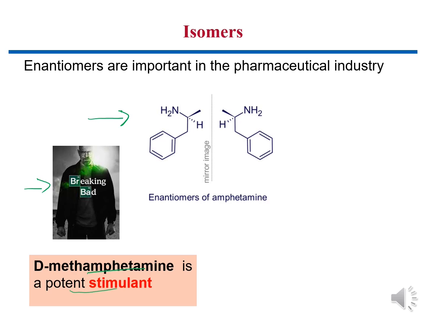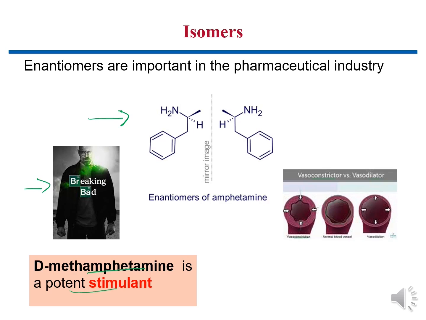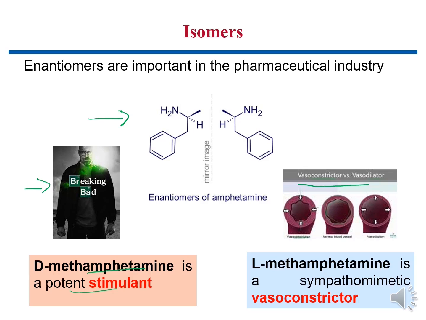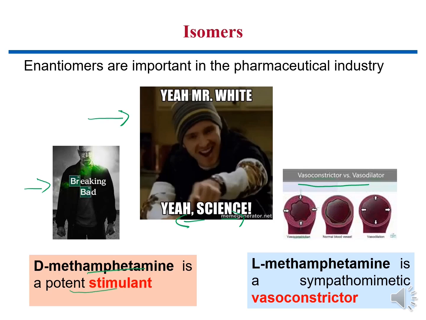However, the mirror image of that is a medication that prevents cardiovascular diseases. So again, an example of one enantiomer that has one application while the other one has a completely different application. And if you watched Breaking Bad, this might be funny. If not, please watch Breaking Bad later.